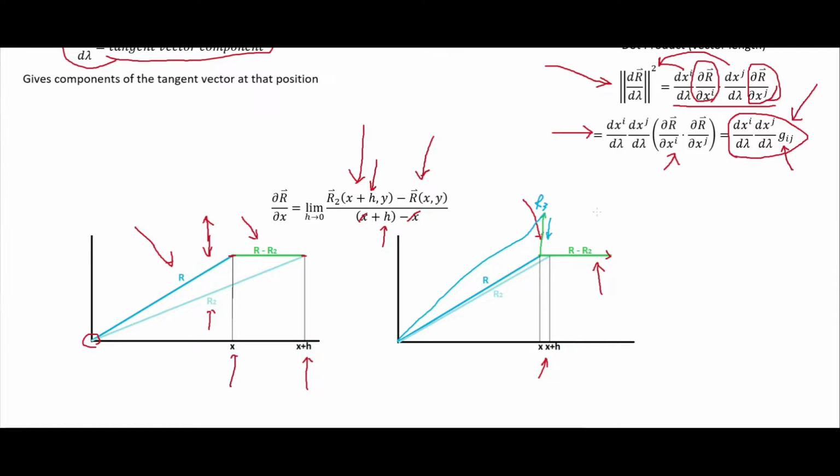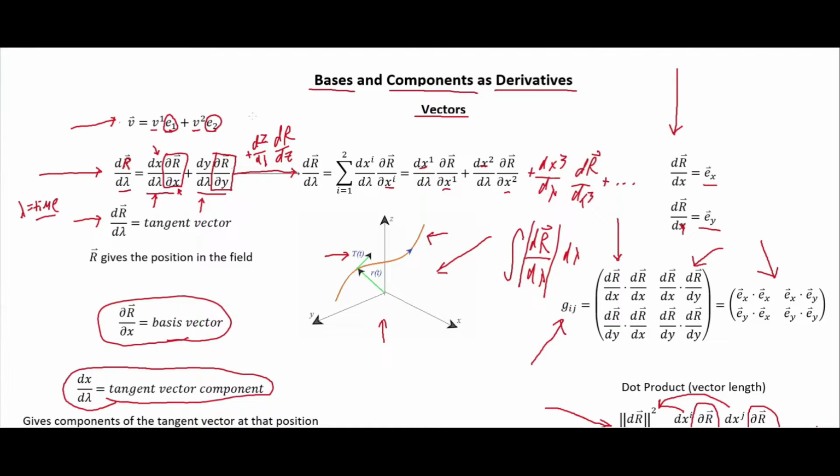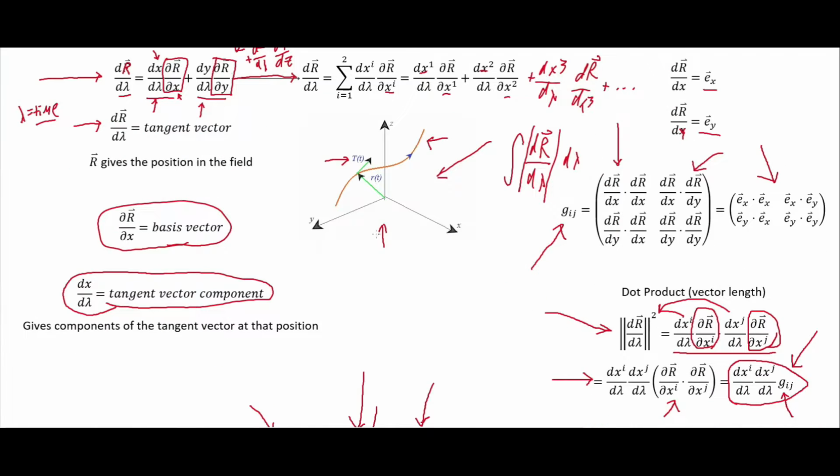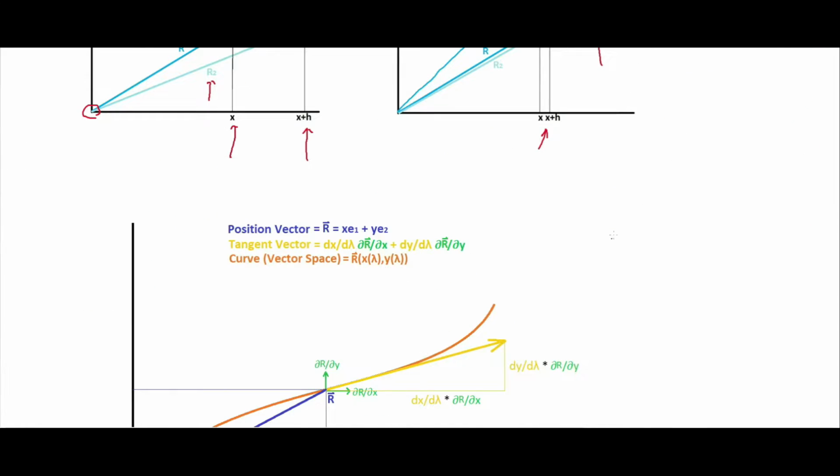And so we can see how this green one here and this green one here sort of look like bases, don't they? And so that's what our partial d are with our partial dx, which is what I said are the basis vectors. And so we can see how those become basis vectors.